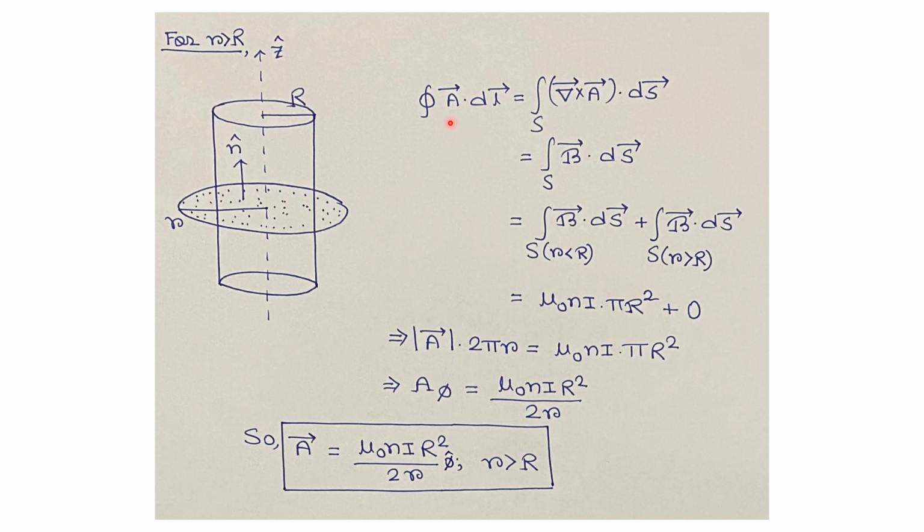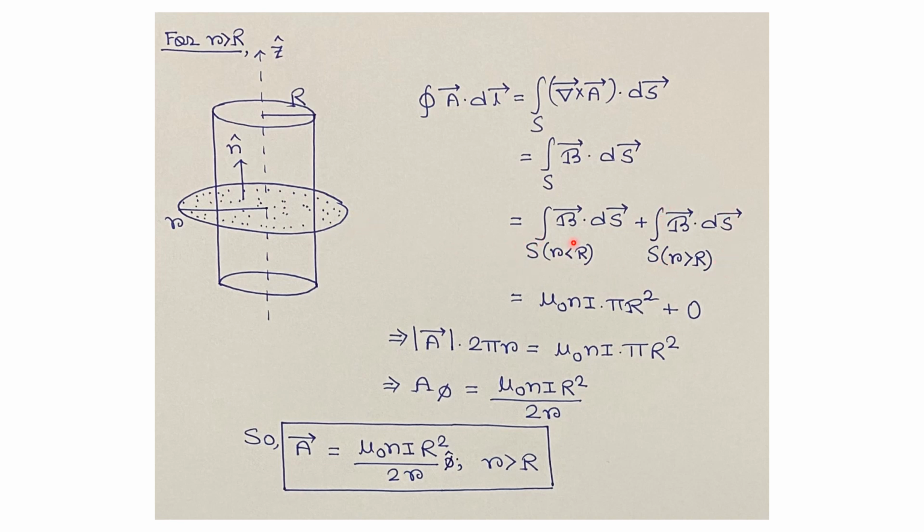And we can write this line integral as a surface integral of the magnetic field. Now the magnetic field inside the solenoid is constant, that is mu naught N I, but outside the solenoid the magnetic field is 0. So we will split this surface integral into two parts, one for inside the solenoid and the other for outside the solenoid.